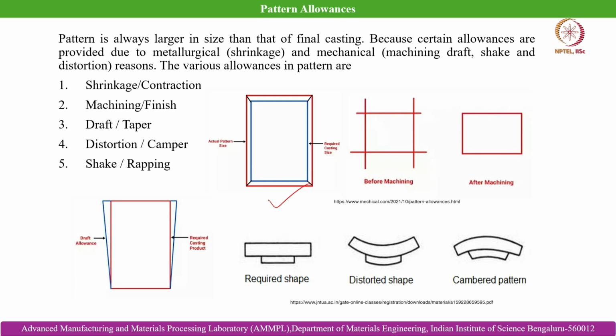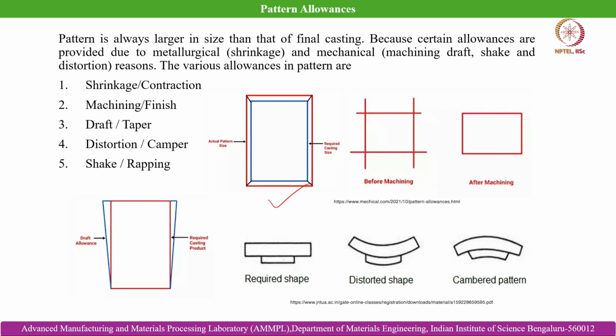There we add a higher amount of machining allowance, so that the complicated contour can be machined out of the cast part once it has solidified. This is a typical example of the before and after machining geometries of the cast part. Accordingly, the allowance has to be kept in the pattern.